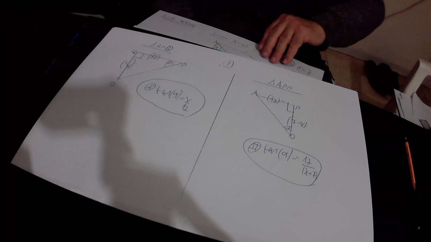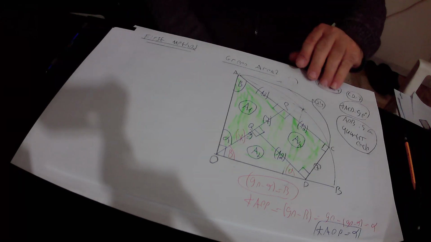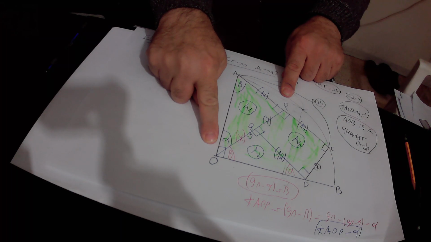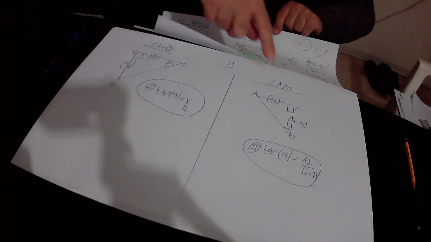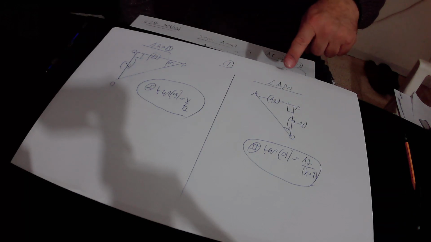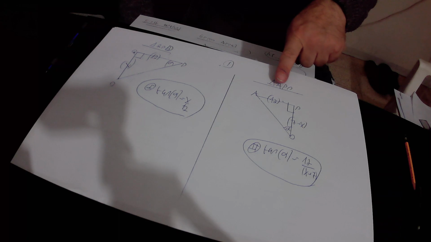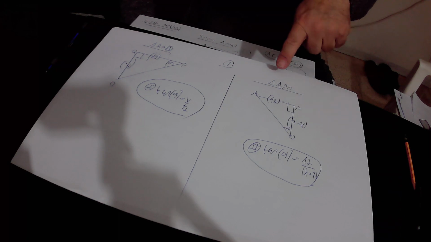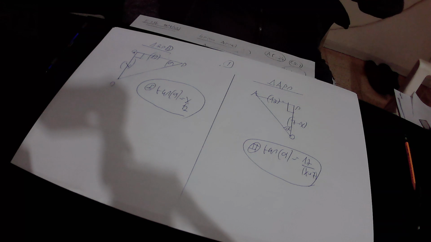You can see here that PO in total equals 7 plus x. So in this right triangle APO, we get that tangent alpha equals 12 over x plus 7. So we have two different expressions for tangent alpha: equation number 1 and equation number 2.